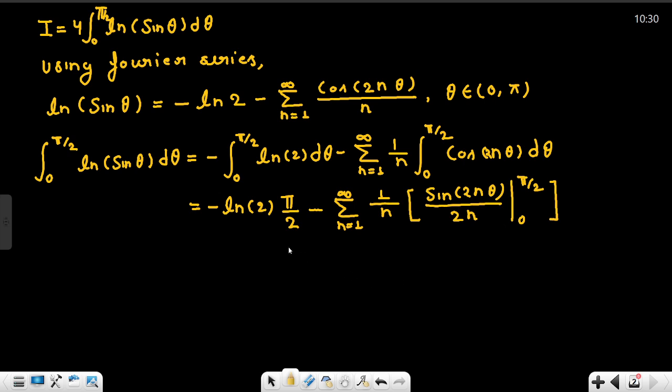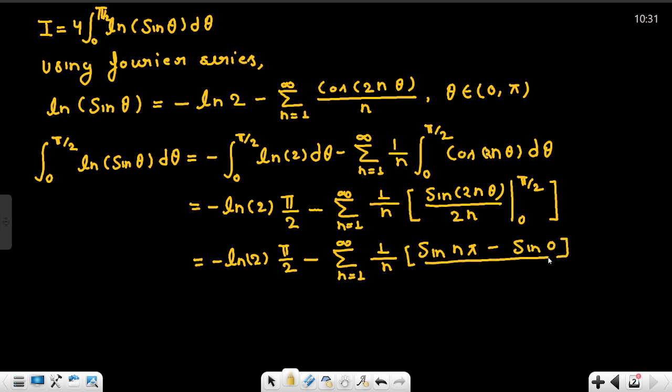Okay. Now that is minus ln 2 times pi by 2 minus the summation from n equal to 1 to infinity of 1 by n, evaluated from 0 to pi by 2, so sine n pi minus sine 0, divided by 2n.